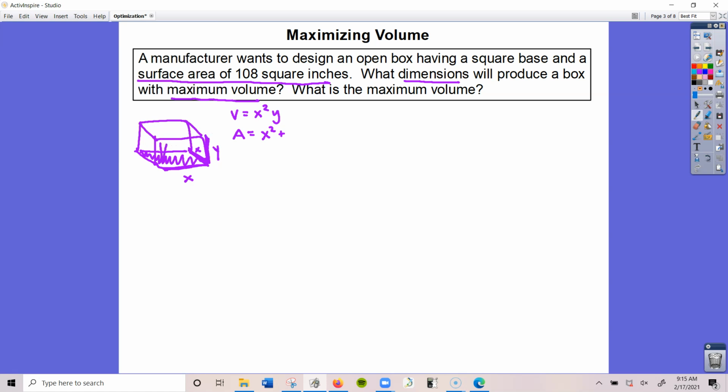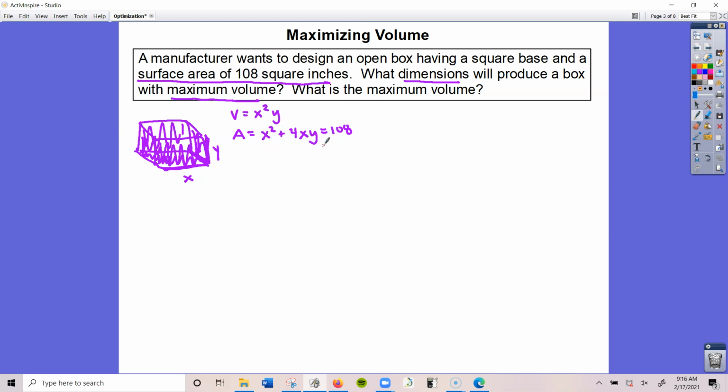So the area of this rectangle, of this rectangle, of this one here, and this one here is all the same, which is 4, because there's 4 of them, base times height. It has an open lid, so we don't have to worry about the surface area of the top of this box. So that's the area, and it has to equal 108.